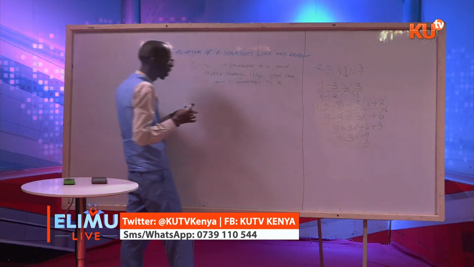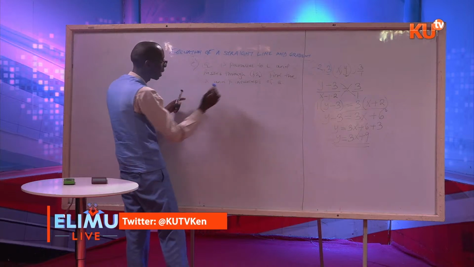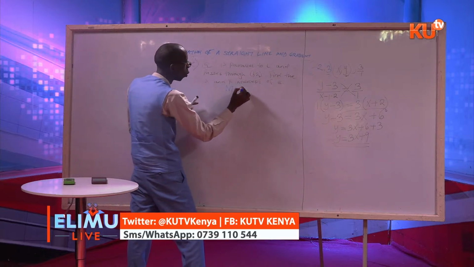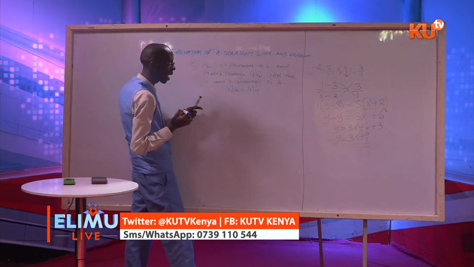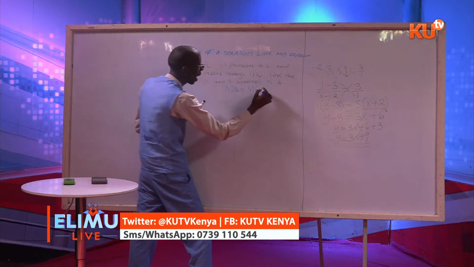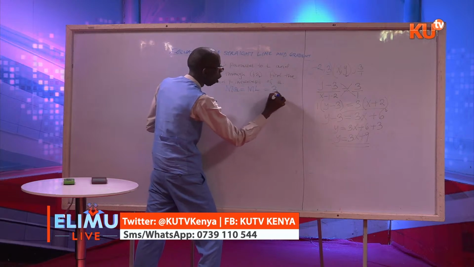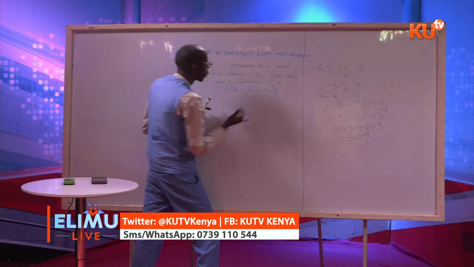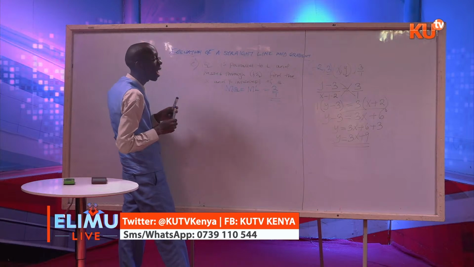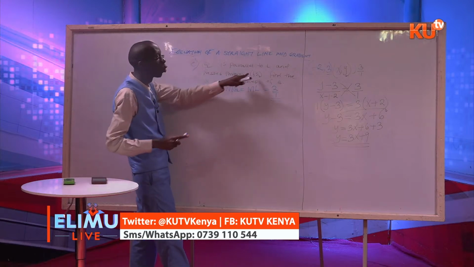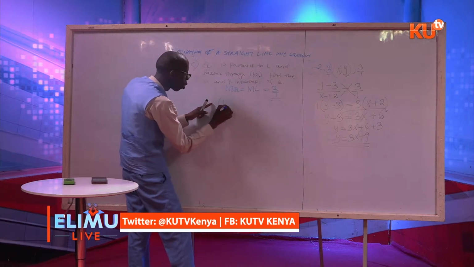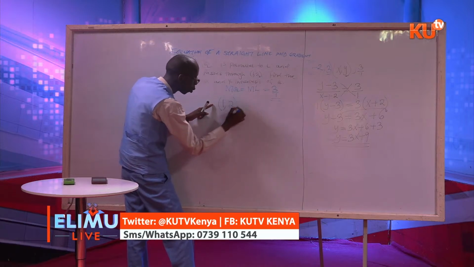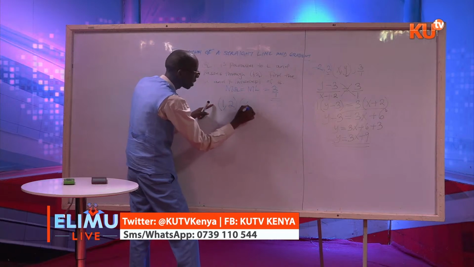So if Q is parallel to L, the gradient of Q will be equal to the gradient of L. And the gradient of L was 3/1. So Q is parallel to L and passes through (1, 2). So you will pick the point where Q passes through, (1, 2), and a general point (x, y).